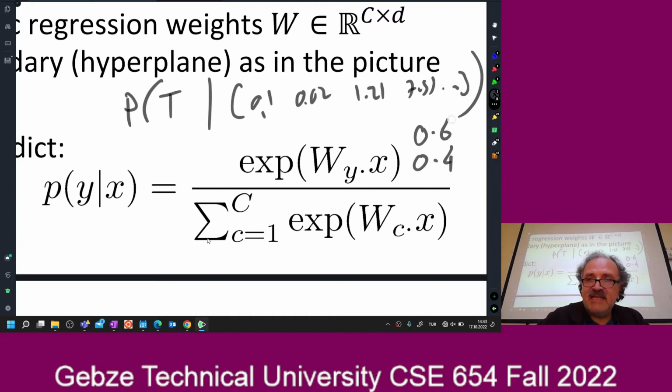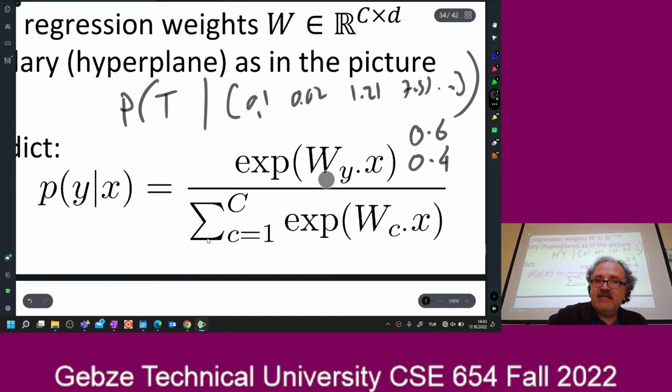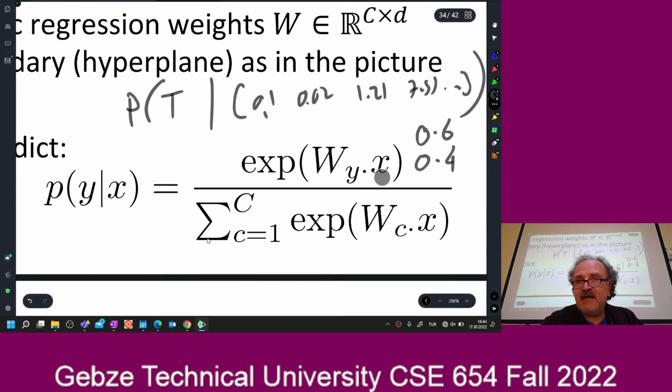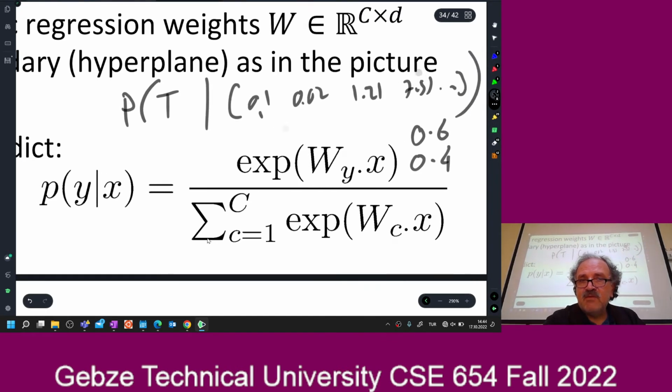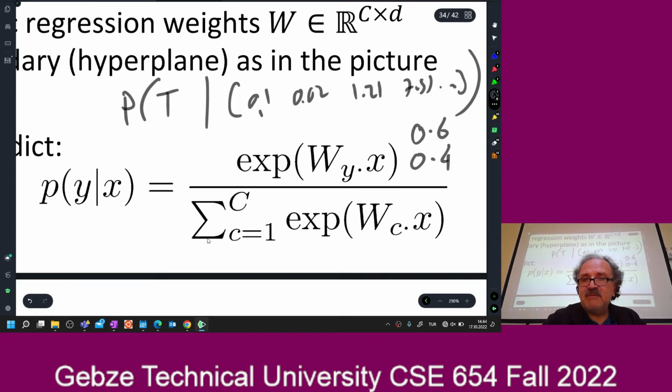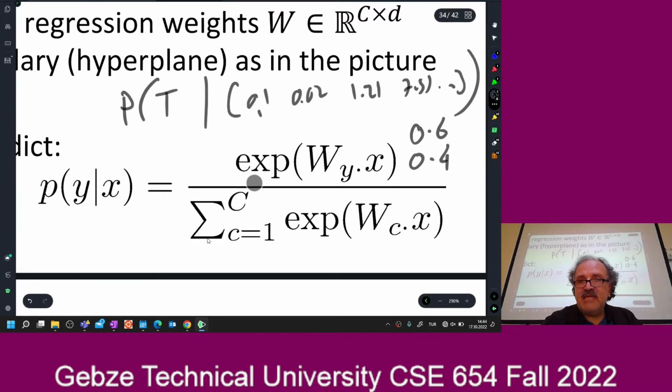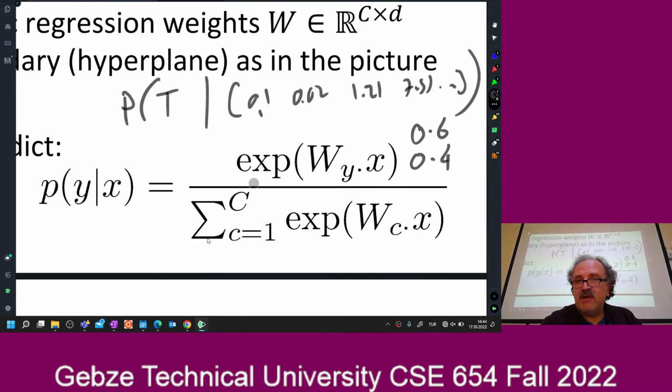It says to find vectors for each class. Remember the vector dot product. I am going to multiply my given vector for that class with the input, and take the exponentiation of it, e to the power of that.